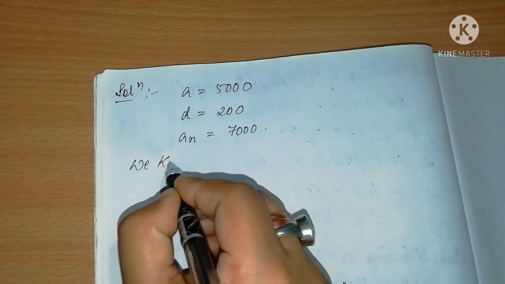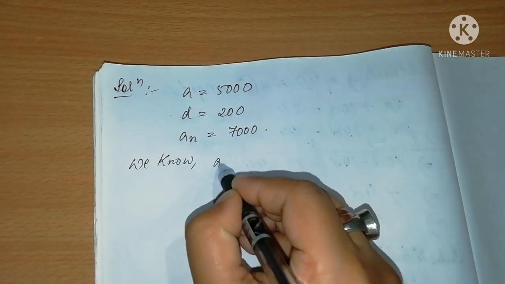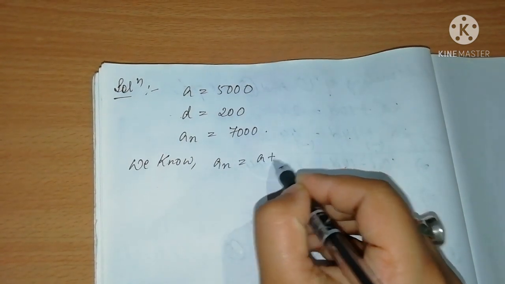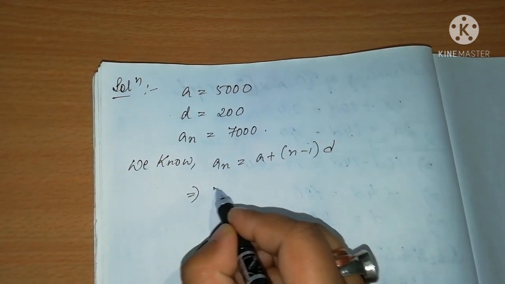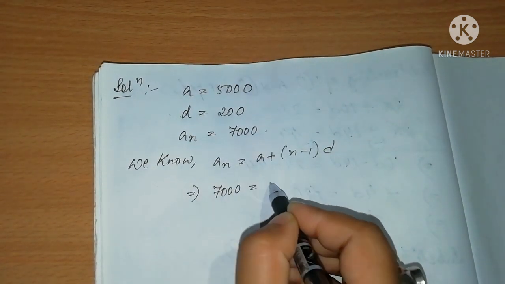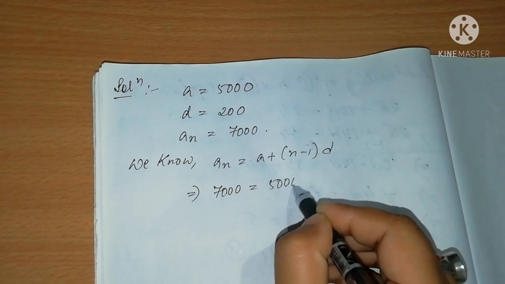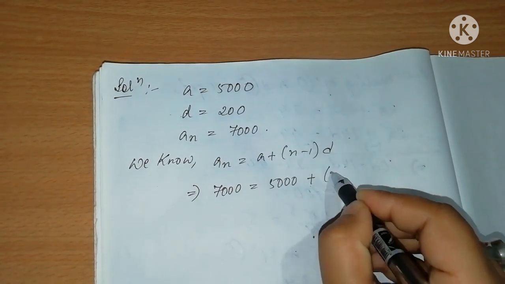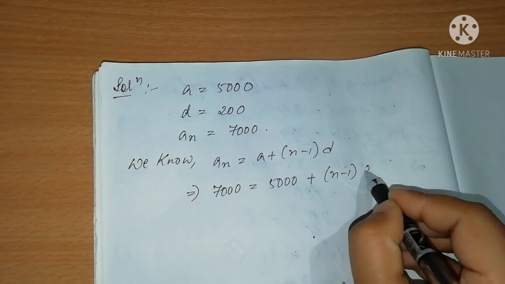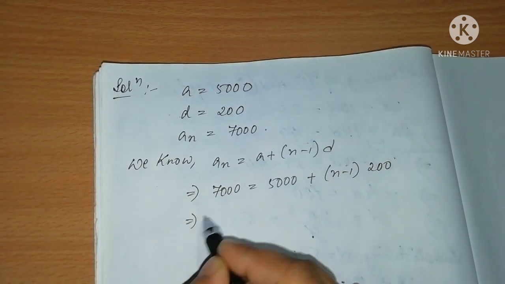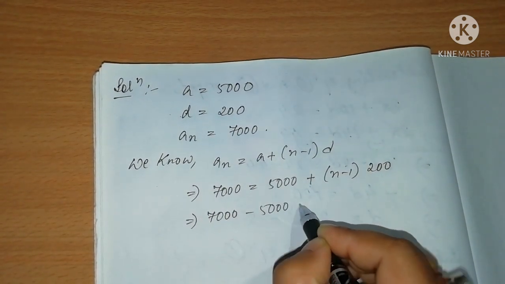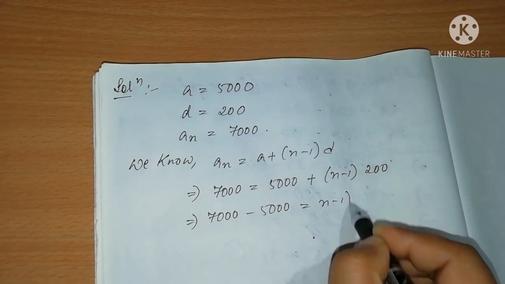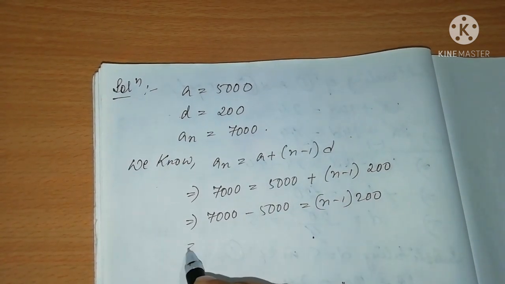We know AN equal to A plus N minus 1 D. AN is your 7000, A is 5000, N minus 1, D is your 200. 7000 minus 5000 equals N minus 1 times 200.